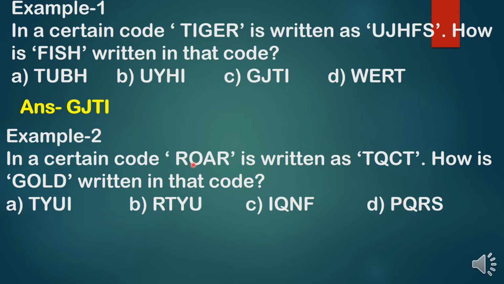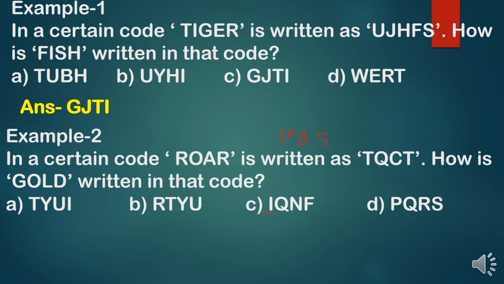So let us see. R, S skipped, then T. O, P skipped, Q. A, B skipped, C. R, S skipped, T. So one letter is skipped. So G, H, I. H skipped, I. Which word is starting from I?